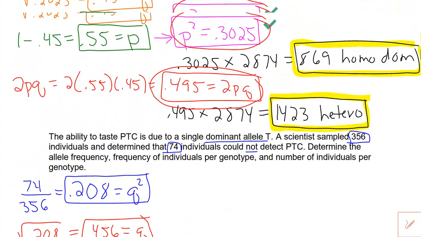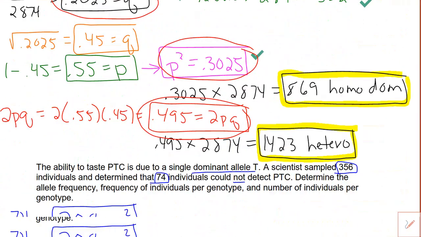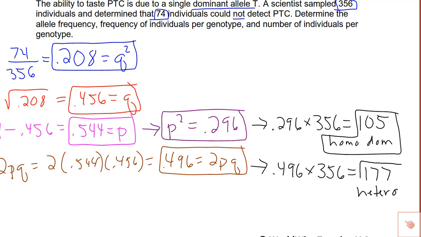And just like we did with the previous problem, to find the number of individuals with that heterozygous genotype, step 7, I take that 2pq value and I multiply it by the number of individuals in the population. So I'm going to take that 0.496 and multiply it by the number of individuals who are sampled, and I'm going to get 177 that are heterozygous.